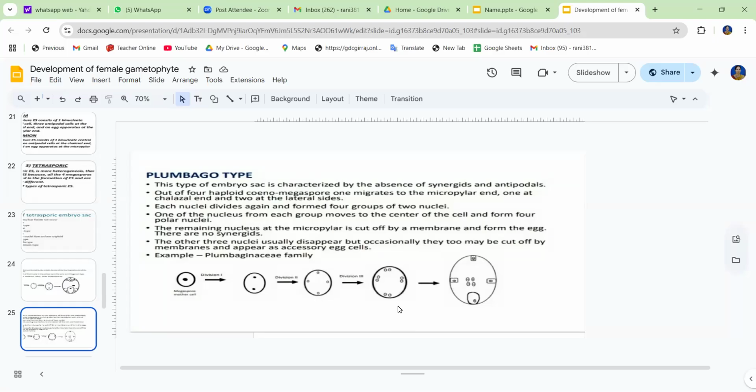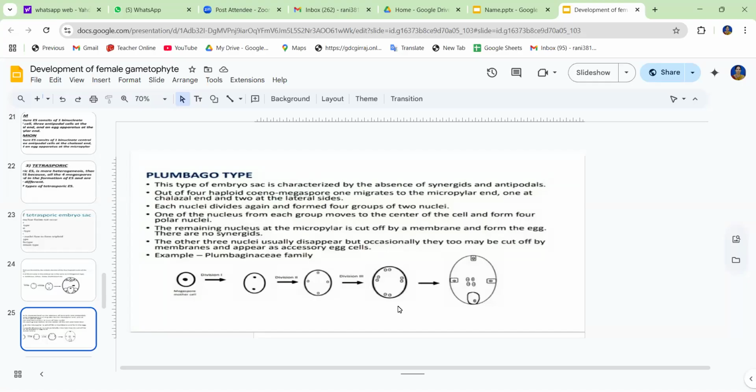One nucleus of the micropylar pair is now cut off to form the lenticular egg cell, and 1 nucleus from each of the 4 pairs approach each other in the center and fuse to form a tetraploid secondary nucleus.